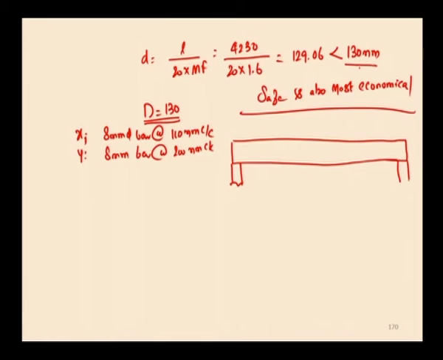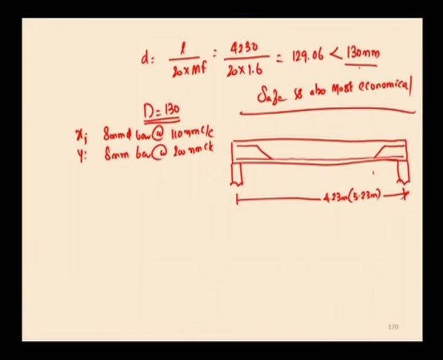Here I am taking the cross section along x direction, that is 4.23 meter, along y direction it is 5.23 meter. Here along x direction this is the straight bar and this will be the crank reinforcement.